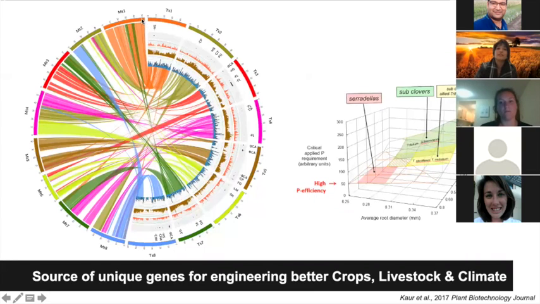Here you can see a circos plot where I have Medicago, which is a very well studied model species for legumes, on your right, and on your left I have my Trifolium subterraneum with 8 chromosomes, where I've identified many interesting traits which are important for Australia. Now we can look at the synteny of those chromosomes and say, this part of this chromosome is chromosome 2 of Medicago truncatula, and that's where I should be looking for this particular trait which we are interested in.